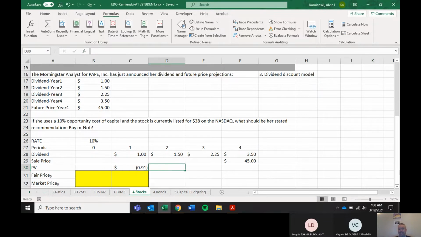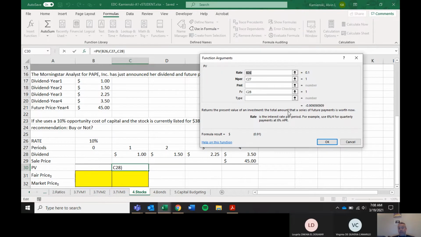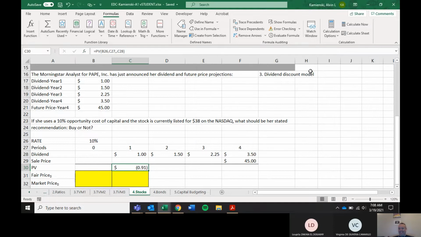Notice it comes up as a negative. What it suggests is that you should pay up to 91 cents for the promise of getting in one period $1 at a rate of 10%.